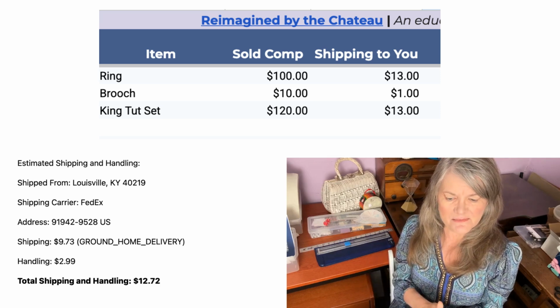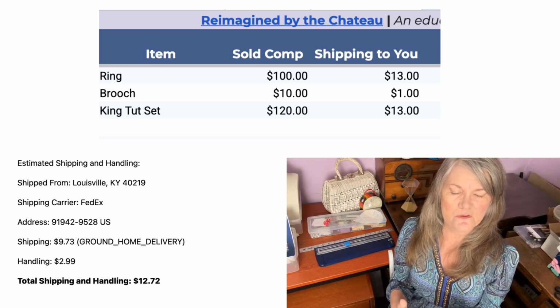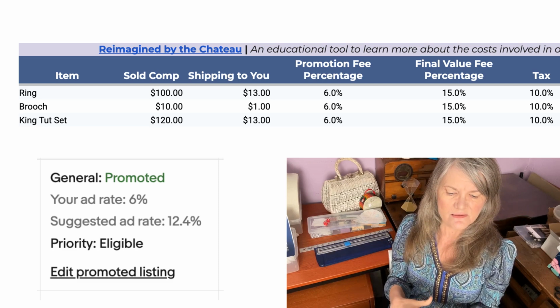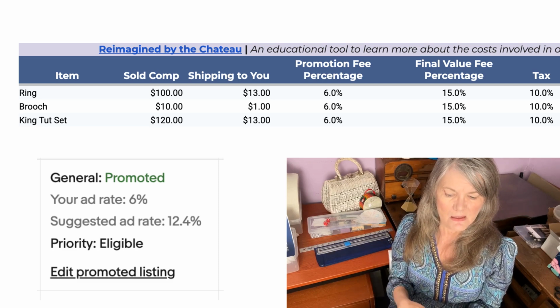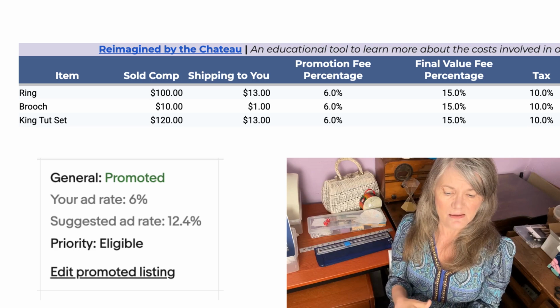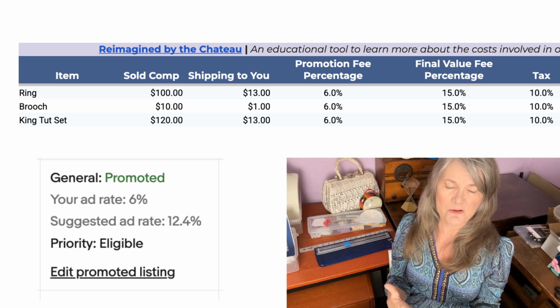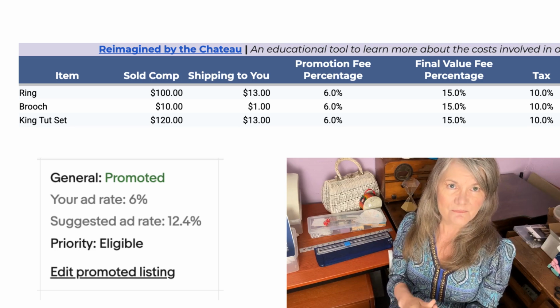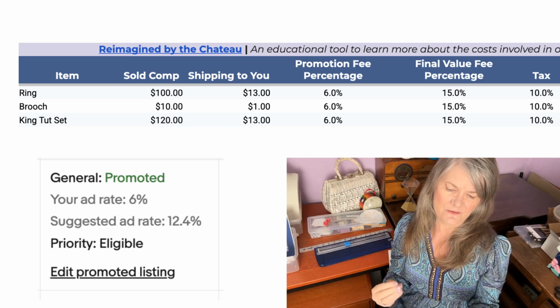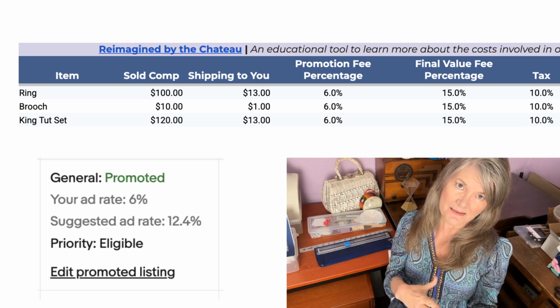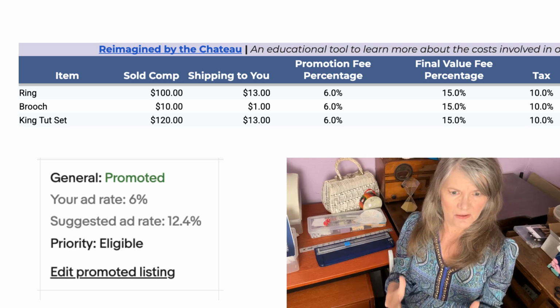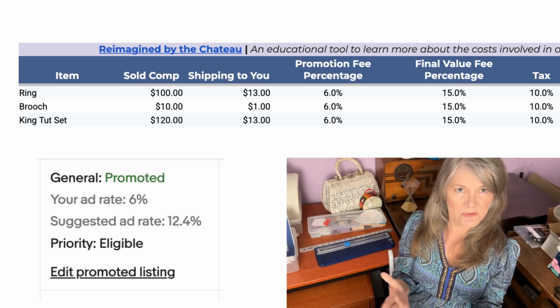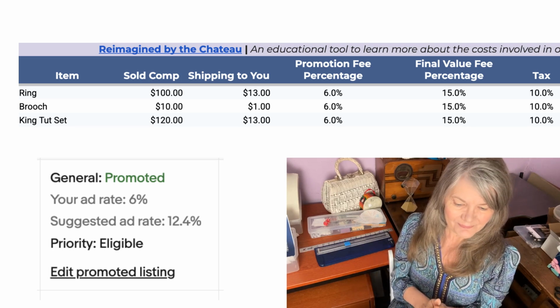The next item is the promotion fee percentage. This is marketing cost. I sell on eBay and I can set this at whatever number I would like. I stay with 6% because I've heard that's the sweet spot. It may be right, it may be wrong, but that's where I stay. You can change this to whatever you would like.